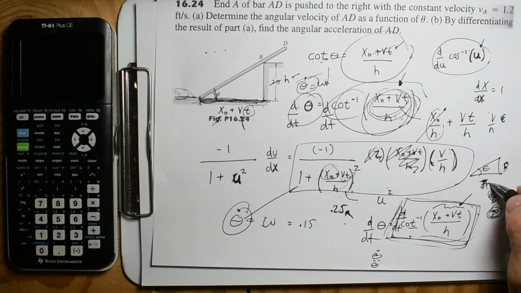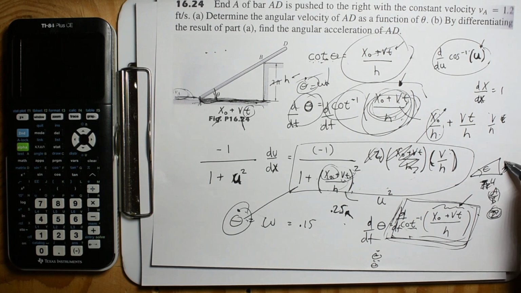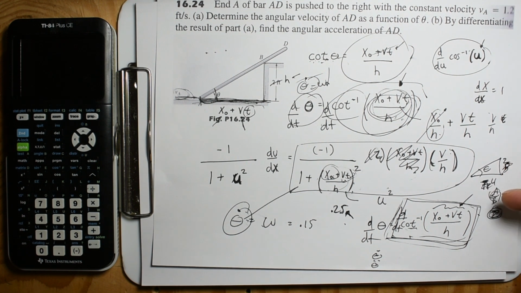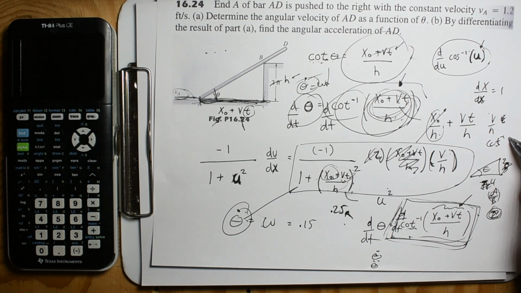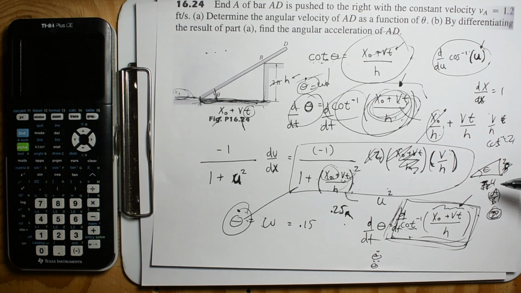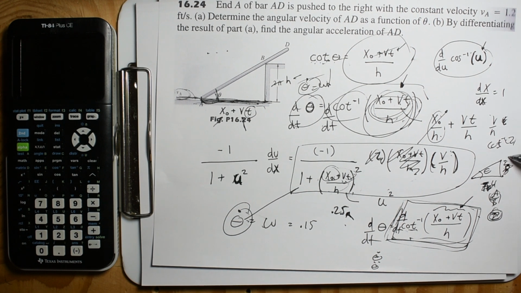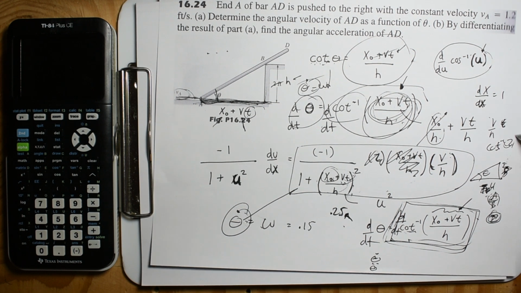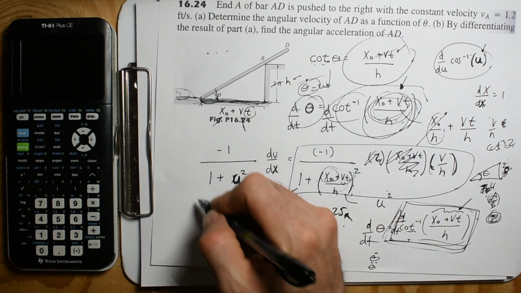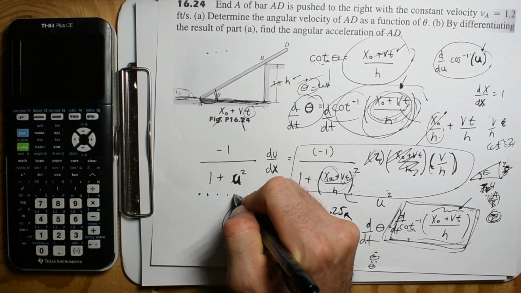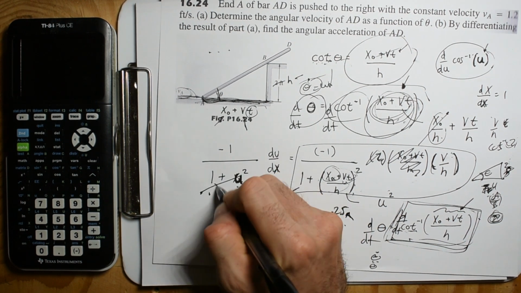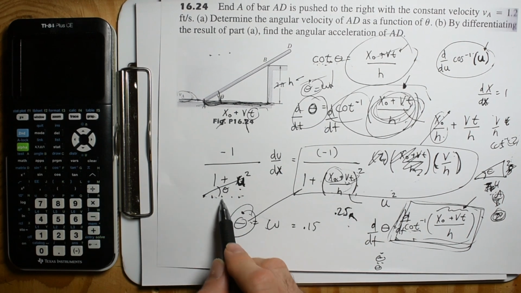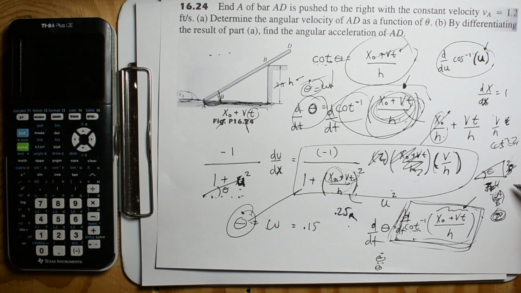So if I say this is 4 and this is 2, that's going to be a ratio of 2. And then the inverse cotangent of 2 says that this ratio between these, 4 and 2, is 2. And that's going to be the angle. So if I go 1, 2, 3, 4, and then up 2, that's the angle. Whatever angle that is, about 30 degrees and a little bit less, that's going to be the cotangent part.